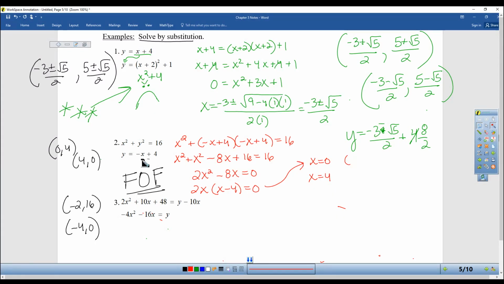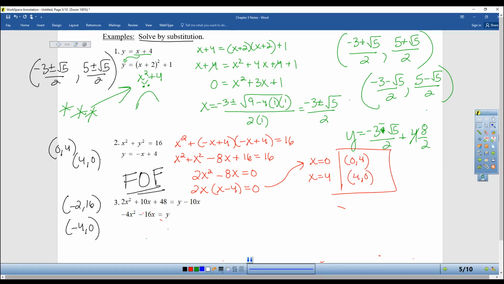I can plug those in pretty easily to either equation, but if I put it in here, negative 0 plus 4 is 4. And if I plug it into here, negative 4 plus 4 is 0. And I can check those, of course, really easily up there. 4 squared plus 0 squared is 16, and 0 squared plus 4 squared is equal to 16.